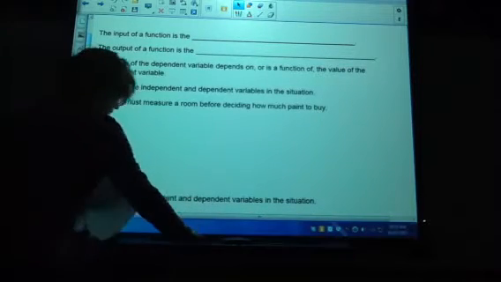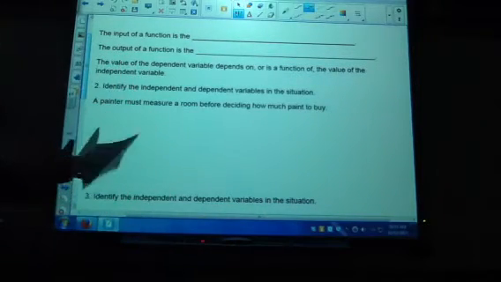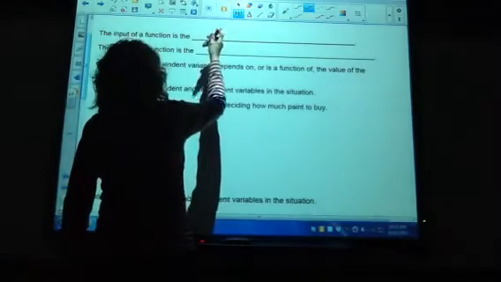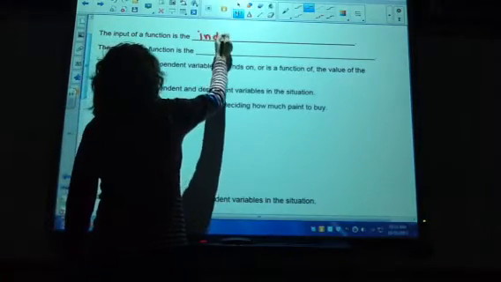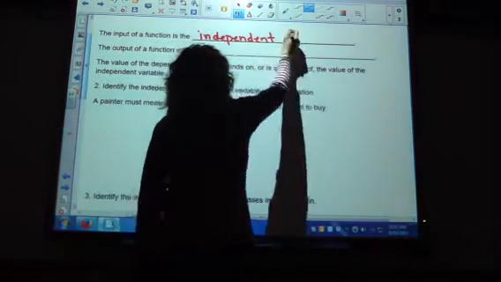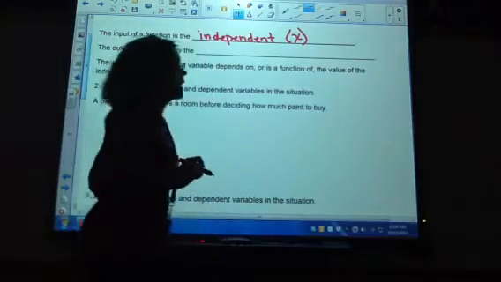Okay, the input of a function is our independent variable, our x.